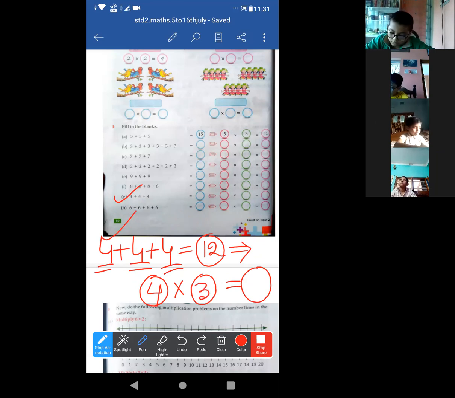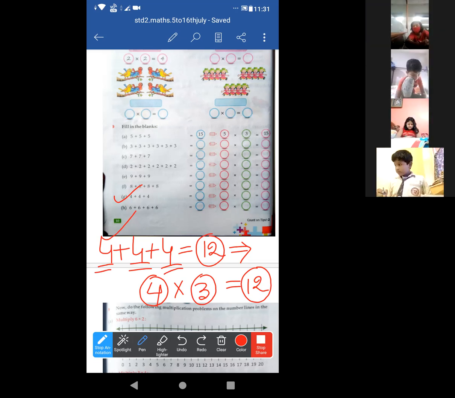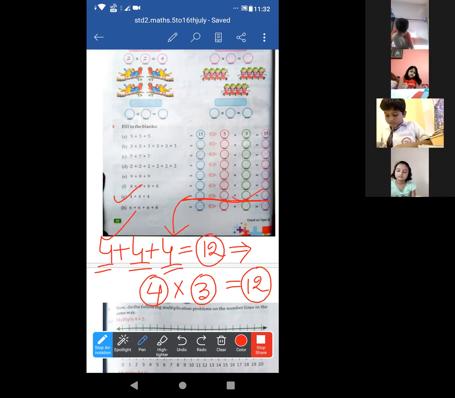So 3 times. There is too small space, that's why I have done over there. Understood? So, you will do in this box.